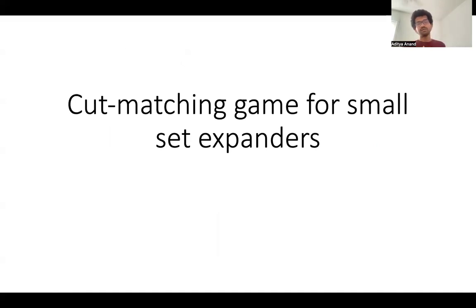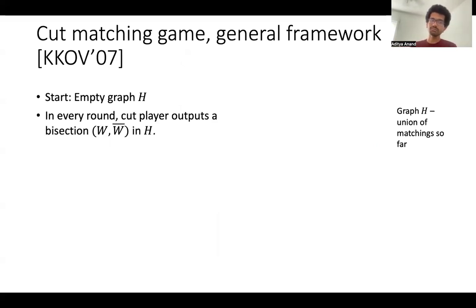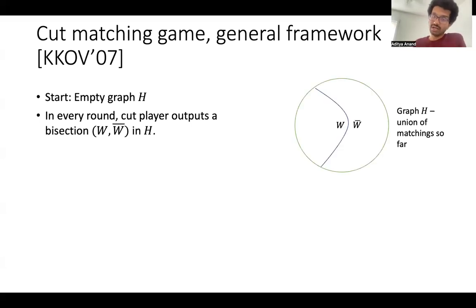Let me talk briefly about cut matching game for small set expanders. Let's start with the general framework of the cut matching game as introduced by Khandekar, Khot, Orecchia, and Vishnoi. So first you start with an empty graph. And then there are two players and they take alternate turns. The cut player has to choose a cut in this graph that is of equal size on both sides.